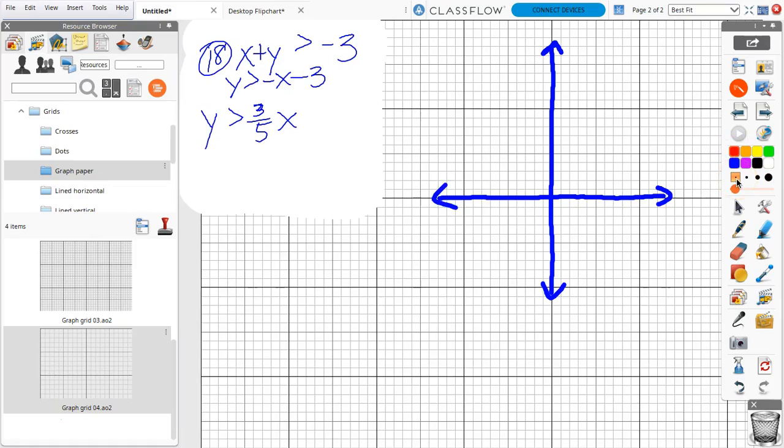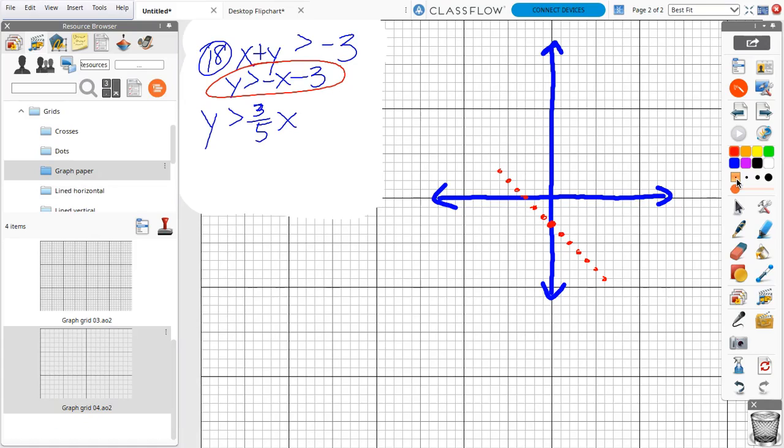All right. Our first one, right here. What's my y-intercept? -3. Down 3, be right there, and my slope is -1. So down 1, right 1, down 1, right 1, as many times as you want to keep going, or you could go up 1 and to the left 1. Do I draw a solid line or a dotted line here?